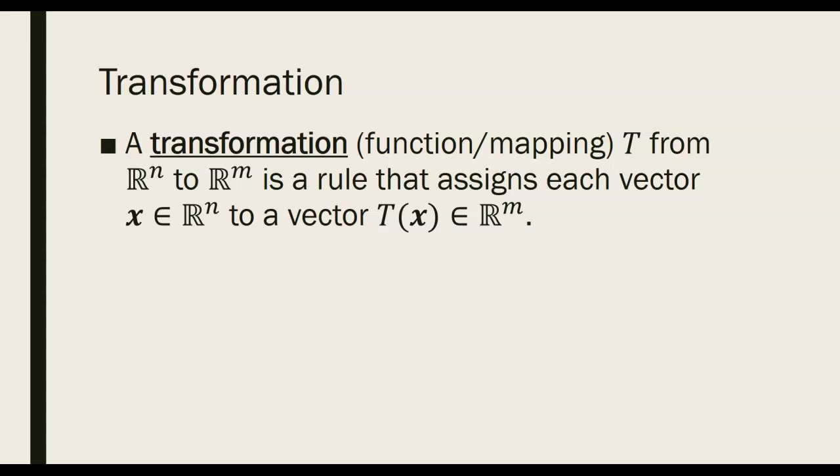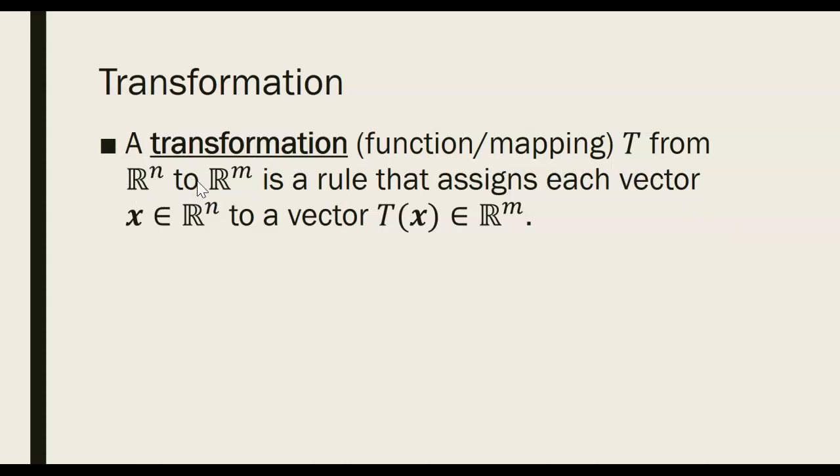And thinking about function notation on vectors, that gives rise to the word transformation. All right, a transformation is just a mapping or a function. We'll call it capital T usually in this class, from one set of vectors to another set of vectors.